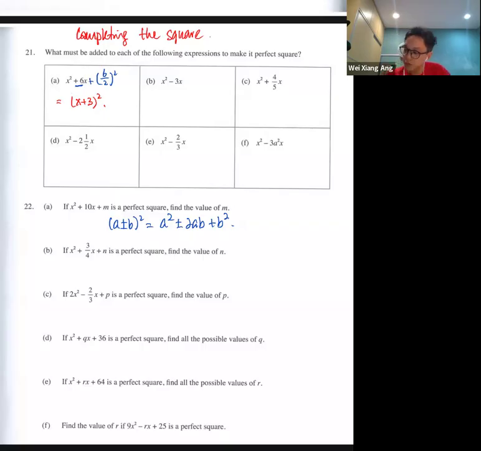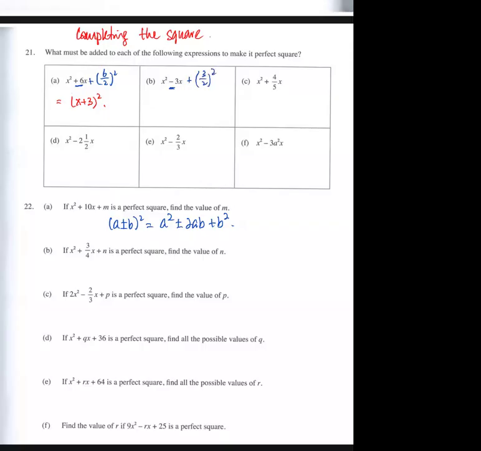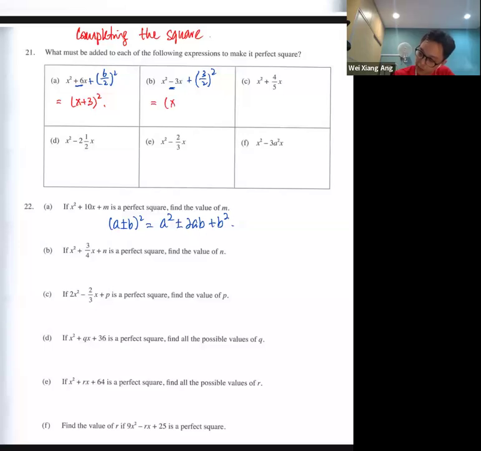Another example. x squared minus 3x, plus, I'm going to divide this and then square it. And then this entire expression factorizes into x minus 3 over 2 whole thing squared. Again, this is called completing the square. So why does this work?